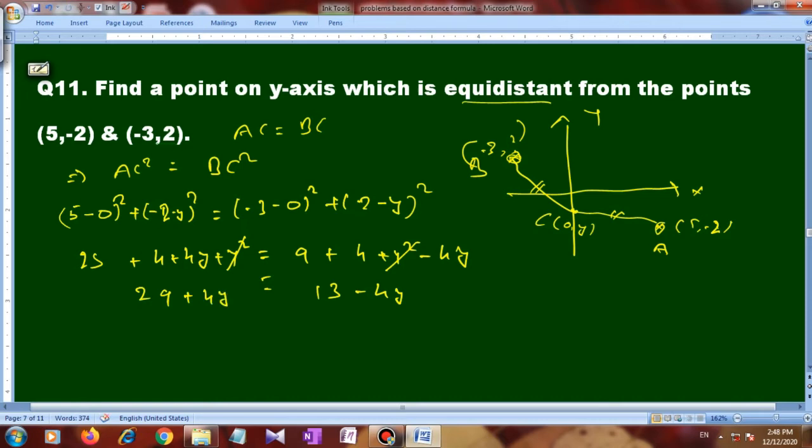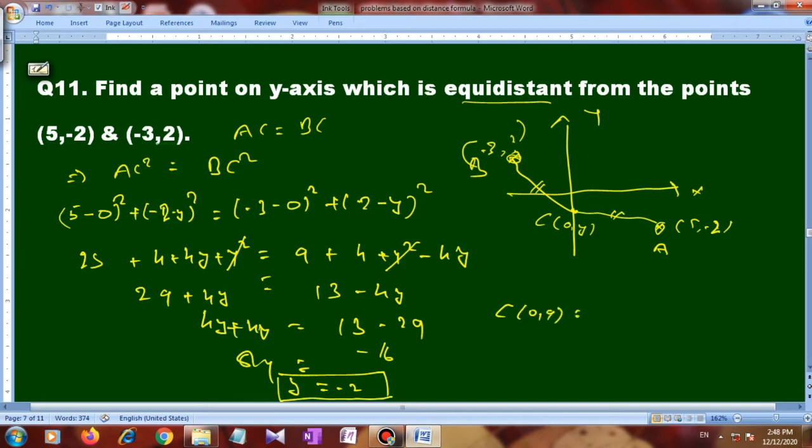So transfer the 4y to this side, then we will get 4y plus 4y, and this will become 13 minus 29, right? So 8y equals how much? Minus 16. So y will be minus 2. The value of y is minus 2. So the coordinates of C will be (0, minus 2).